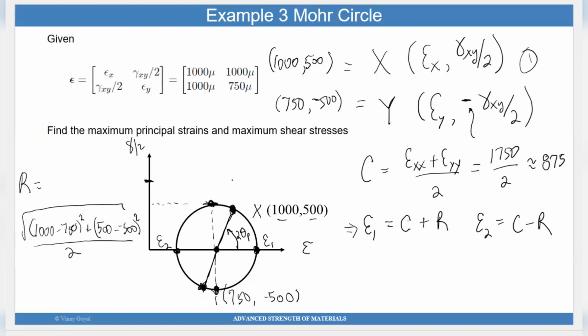So draw a line there, and that's where it occurs. The max in-plane value is going to be this number here that you get right there. Okay, so that's how you do the calculations using Mohr circle.